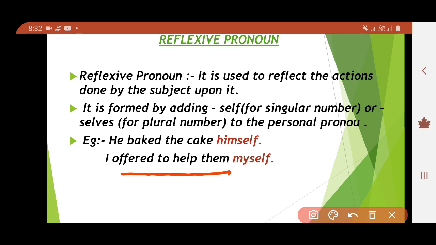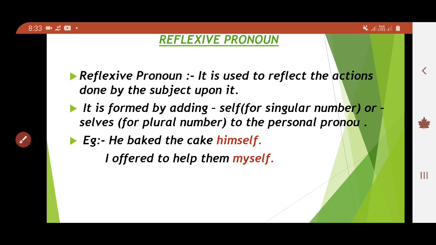So I offered to help them myself. So myself here is the reflexive pronoun. It is showing the action of offering help to them done by this subject. Okay students, clear? So what is reflexive pronoun? Reflexive pronoun is used to reflect the actions done by the subject upon it.